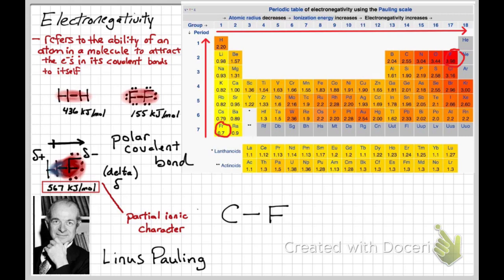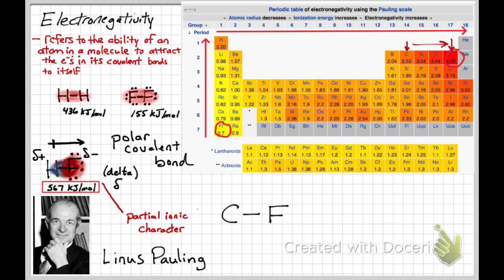If we look at another type of bond, like between carbon and fluorine, and we want to know if this is a polar bond, we can simply look at their position on the periodic table. Fluorine is much further to the right than carbon, and so we know that they have a difference in electronegativity just based on their position in the periodic table.